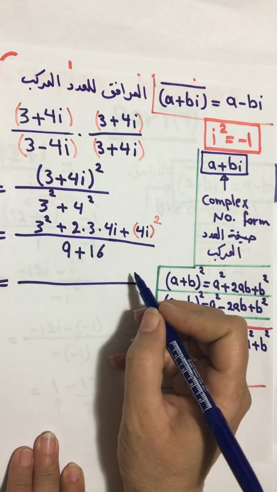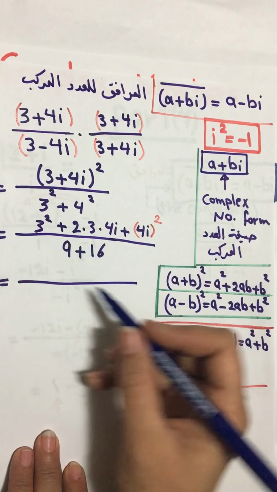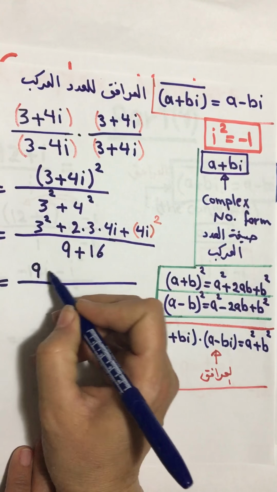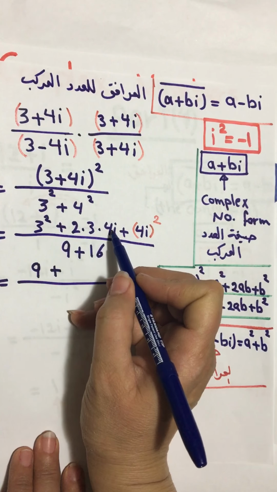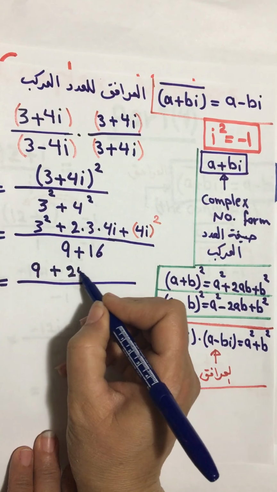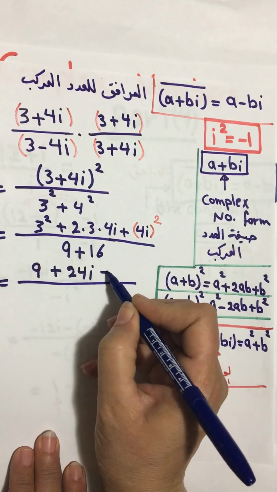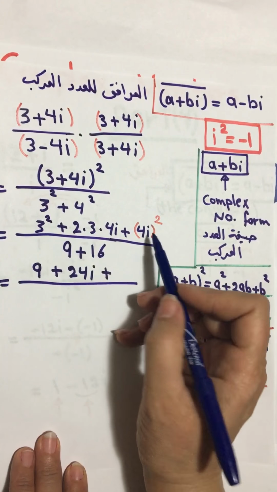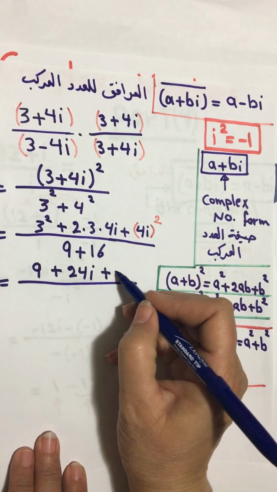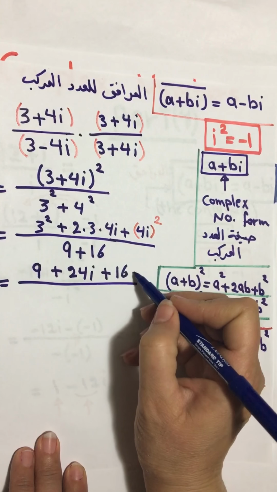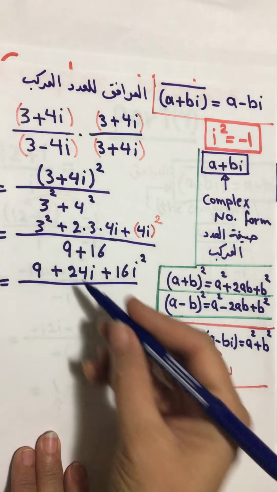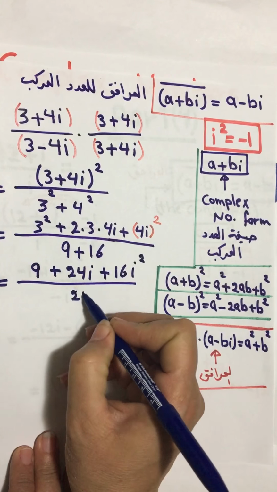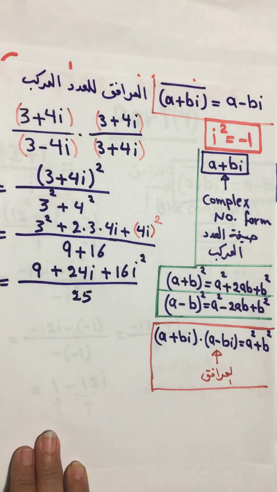Equals 3 squared, 9, plus 2 times 3, 6, times 4, 24i, plus 4i squared, 4 squared is 16, and I'm going to have i squared. 9 plus 16 is 25.